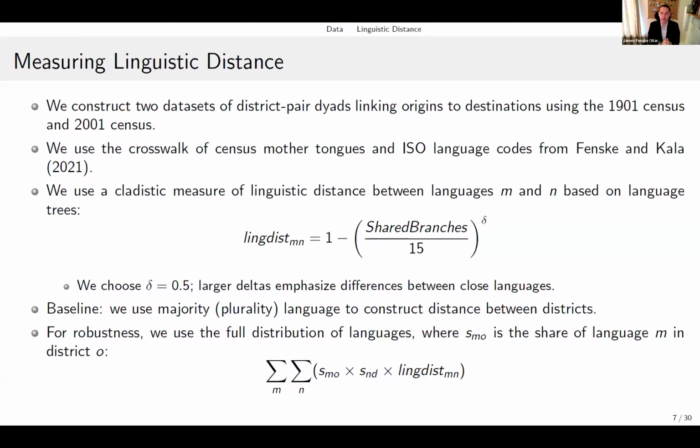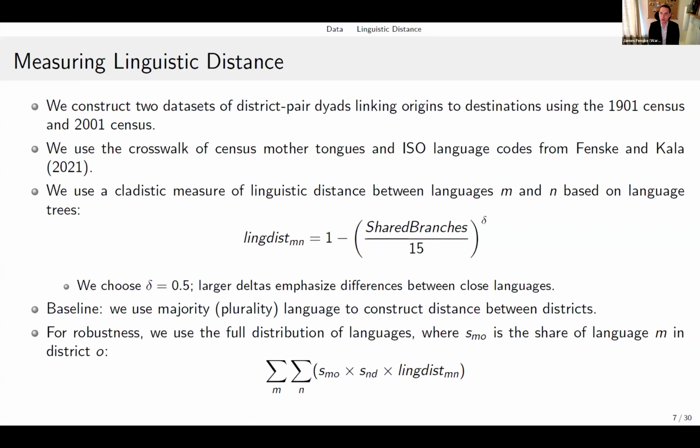A fraction where the numerator is 15 because the most branches any two languages can have in common in the entire Ethnologue data set is 15. And we're going to allow for non-linearities. There's a bit of choice in this literature about what delta you should choose to allow for non-linearities. But if we choose 0.5, we allow for things like the distance between Punjabi and Hindi to be a meaningful difference rather than a meaningless difference.